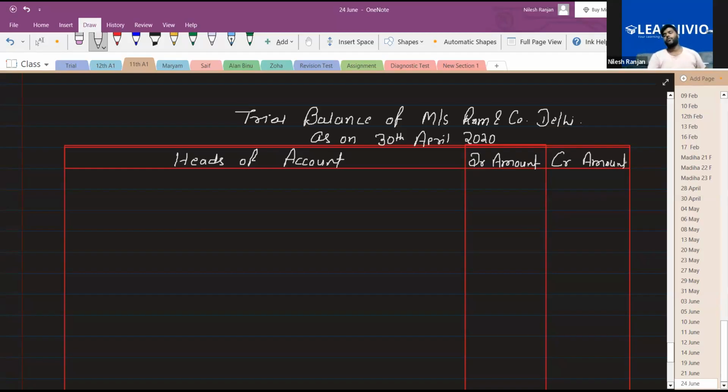Now you have to remember one thing: if the balance is calculated on the credit side, it is called a debit balance. And if the balance is calculated on the debit side, it is called a credit balance. Why is it called with the opposite side name? Because if the debit side total is higher and the credit side total is lower, then there is no balance left on the credit side.